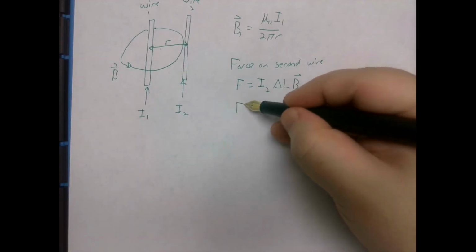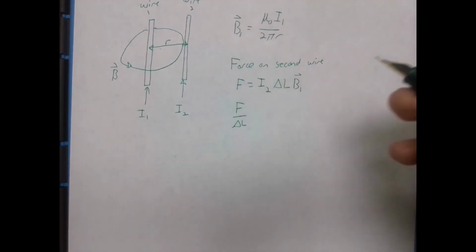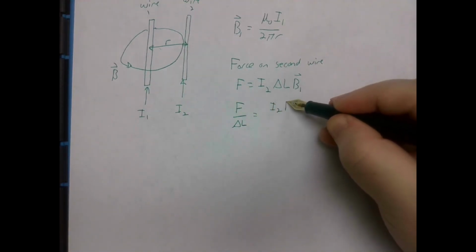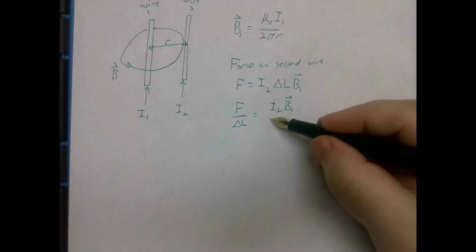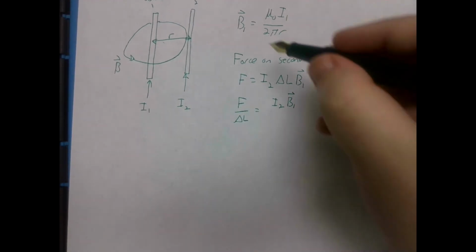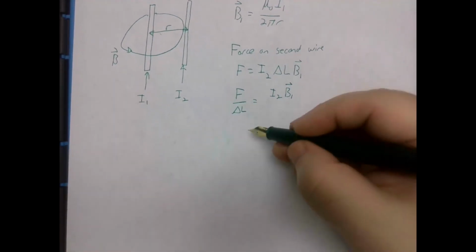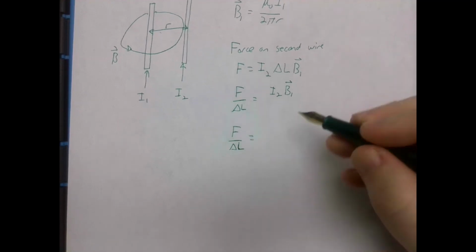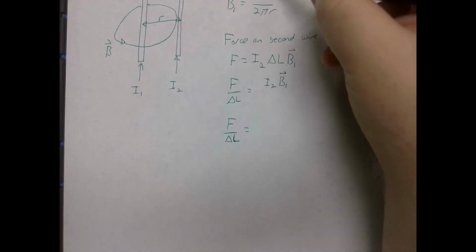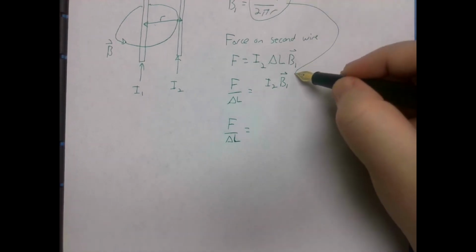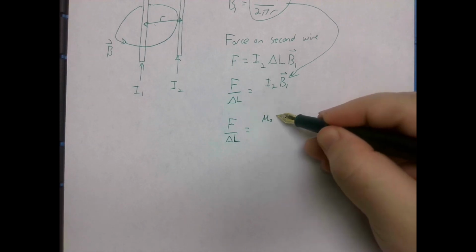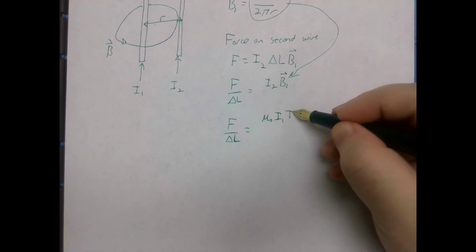So let's factor out per unit length. And we know B1 is equal to this. So the force per some unit length is going to be equal to, plugging this into this right here, I get this equation.